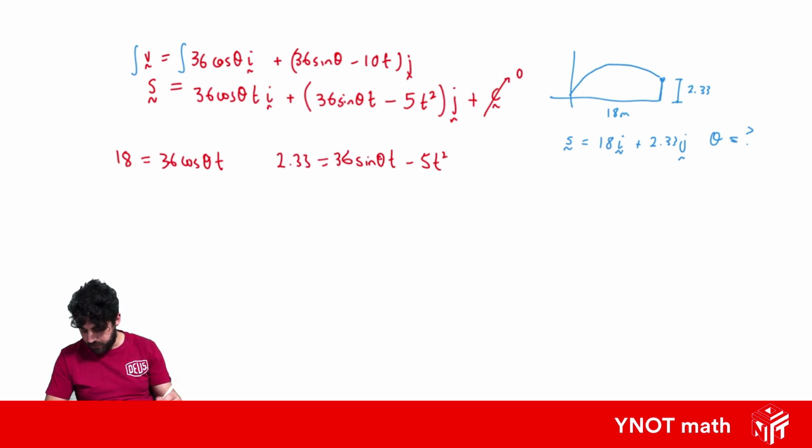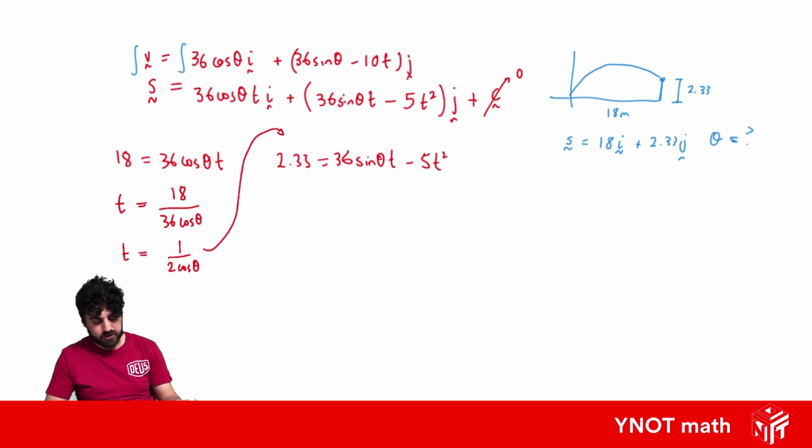So what we want to do from here is make t the subject in this first equation. So let's divide both sides by 36 cos theta. So we get t equals 18 over 36 cos theta, which actually just gives us 1 over 2 cos theta. And then we can go ahead and sub this into this equation for time here.